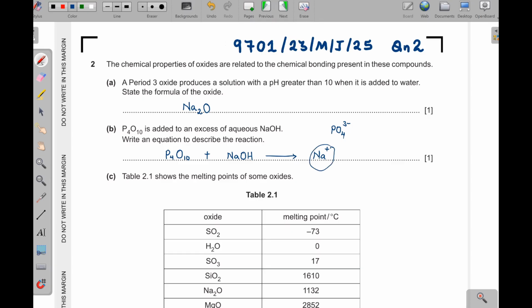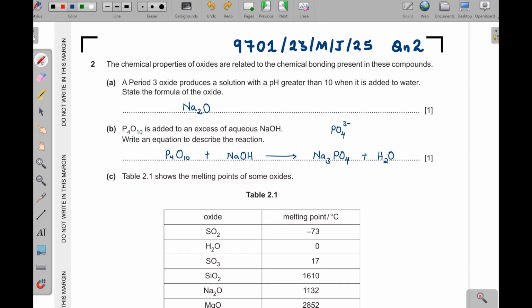So we need 3 of the pluses to balance the 3 minus, right? So I'll have a 3 here, then PO4, and then of course plus water. It has to be water because this is a reaction between the base and an acid, forming water, right?